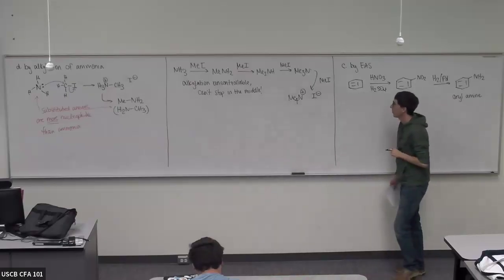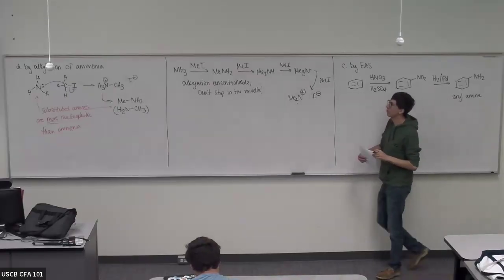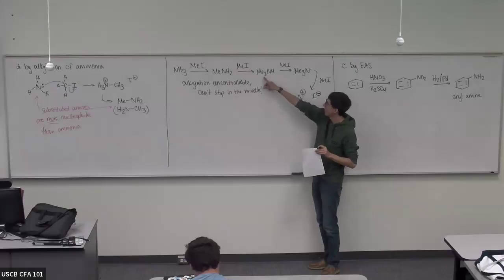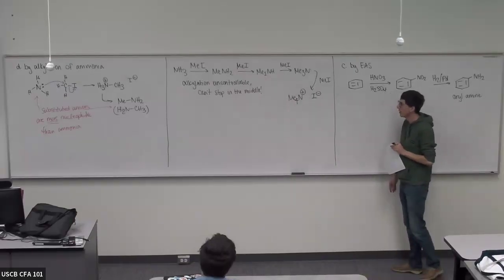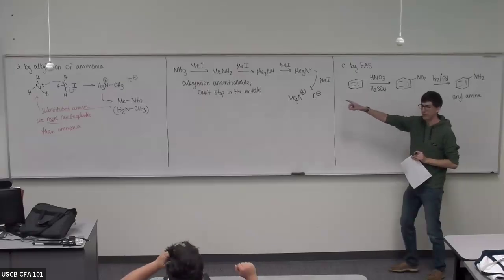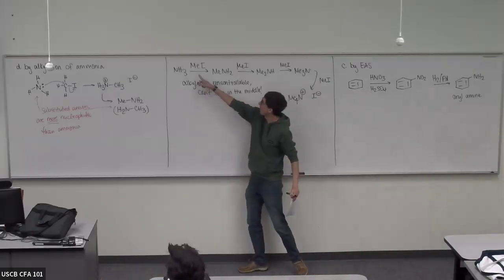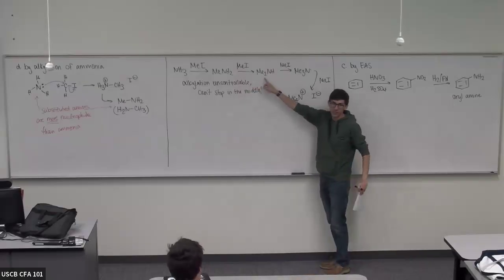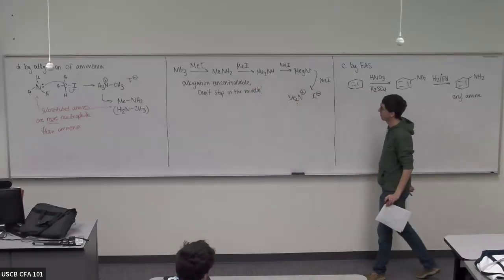So you can't say, okay, I'm just going to do 2 of these alkylation steps and end up with dimethylamine. You could even say, okay, I'm going to make sure to only add 2 equivalents of methyl iodide. That way we only do these 2 reactions, right? No, you're going to get a whole mess of products.